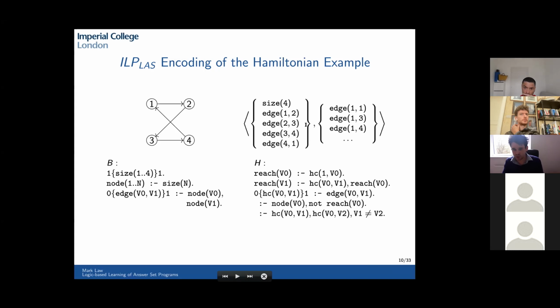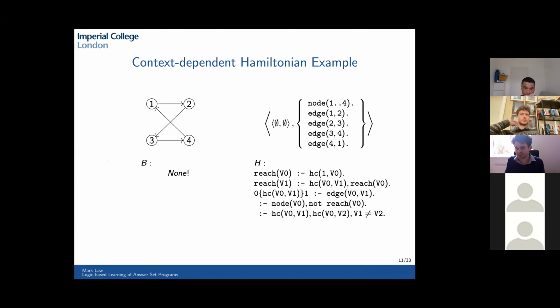So rather than before where we had this partial interpretation that said which edges were in the graph, and we had a background knowledge which actually generates all of the different graphs, instead, what we can do is just give a set of facts in the context that say exactly which edges are in this graph and exactly which nodes are in this graph. So now we don't need any background knowledge at all.